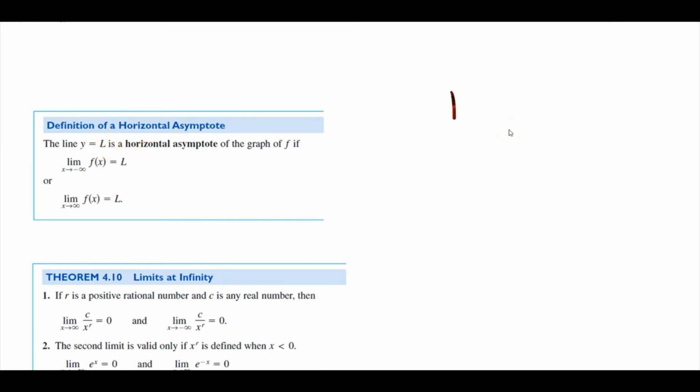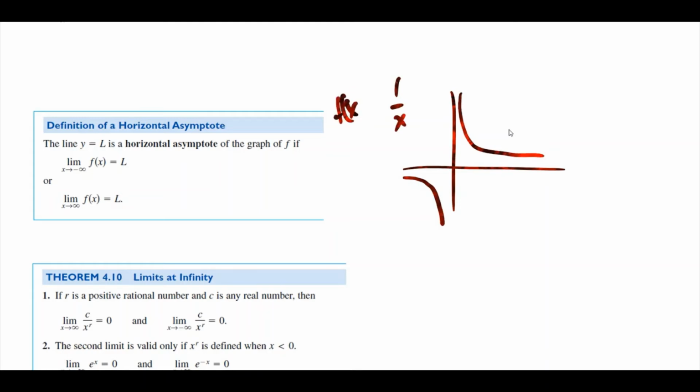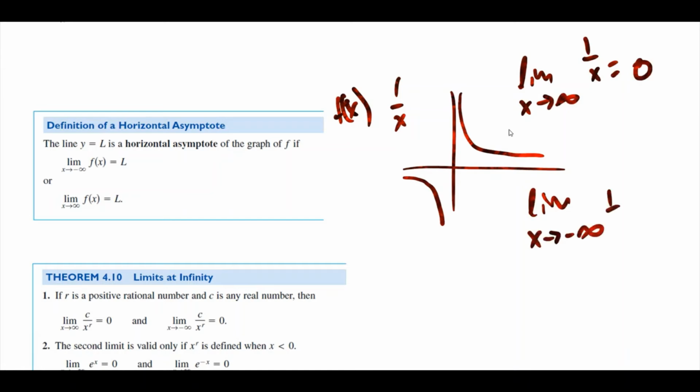So if you have 1 over x, your limit as x approaches infinity of 1 over x is going to be 0, and your limit as x approaches negative infinity of 1 over x is also going to be 0. So we have a horizontal asymptote, or HA, at y equals 0, because this is a y value.